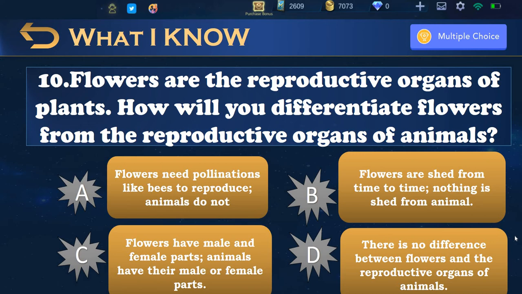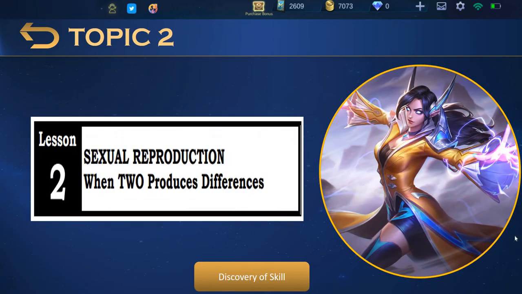Letter C, flowers have male and female parts, animals have either male or female parts. Letter D, there is no difference between flowers and the reproductive organs of animals. And go. Okay, time is up. The correct answer for number 10 is letter A. Flowers need pollinators like bees to reproduce. Animals do not. Okay, congratulations for those who got it right.